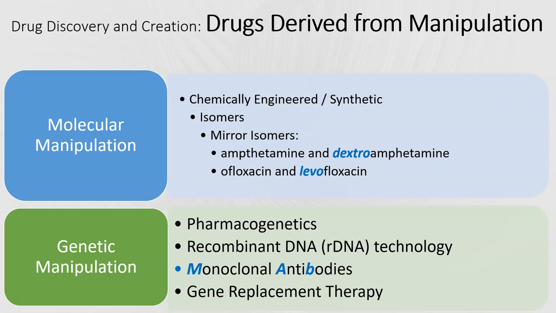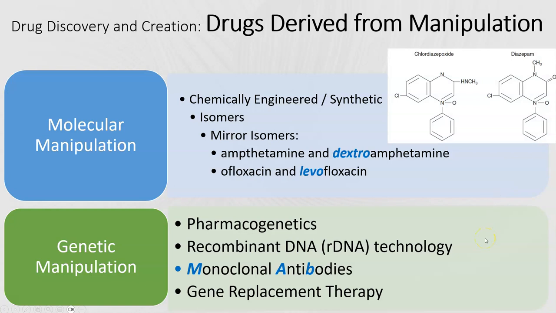Your book talks about that, and it's talking about a chemo drug. We're not going to go all into that. But I did want to show you this image of how things are slightly different when we look at how we chemically can engineer a drug. Now, chemically engineered is also sometimes referred to as synthetic because we're making it in the lab. It's not coming from one of those natural sources.